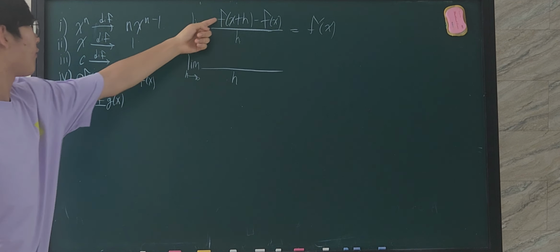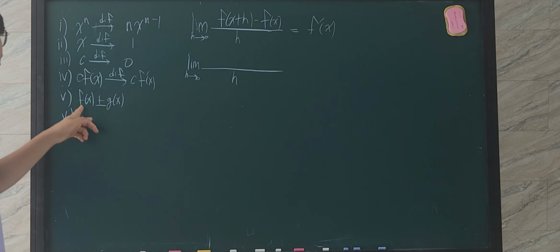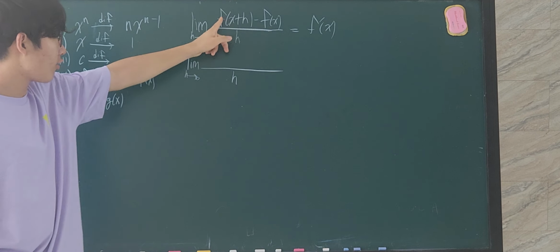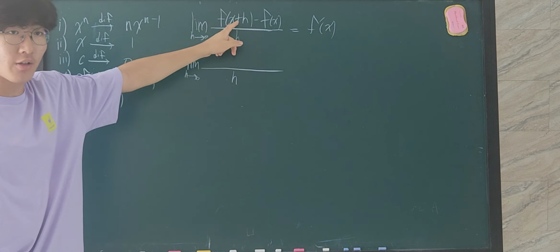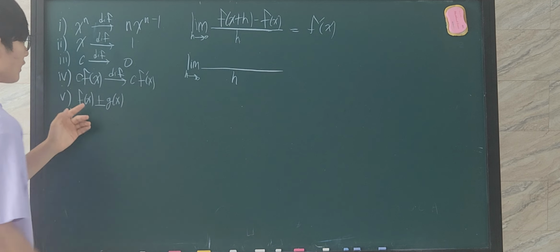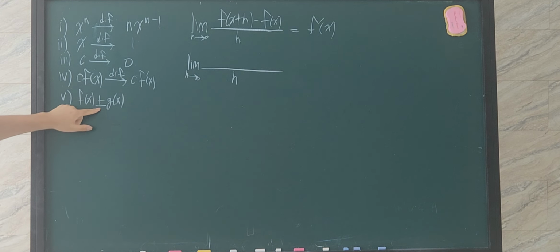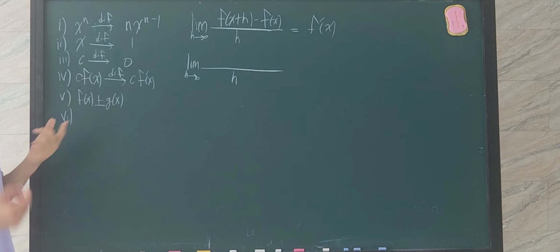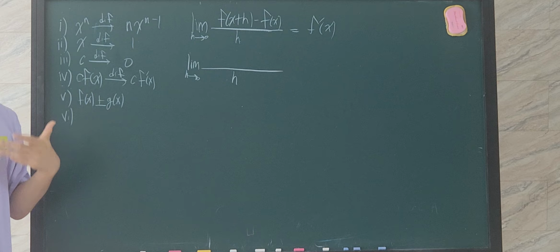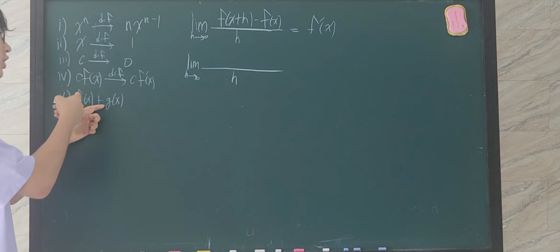So again, this f(x) does not coincide with this f(x) here. I said that f(x) here is the entirety of the function that you want to calculate the derivative function from. So in this case, it will be this whole function here. So first, ignore the subtraction value here. I'm just going to try to find the derivative of the addition function. So let's say that the function that I want to calculate the derivative function from is just f(x) plus g(x).